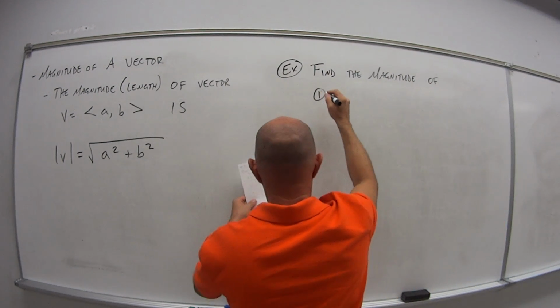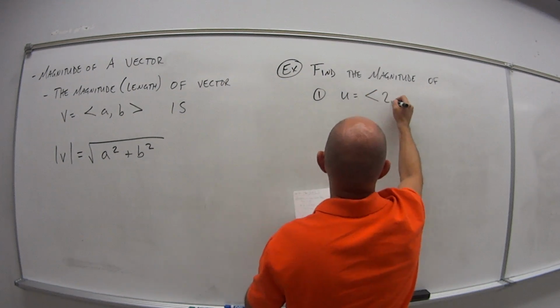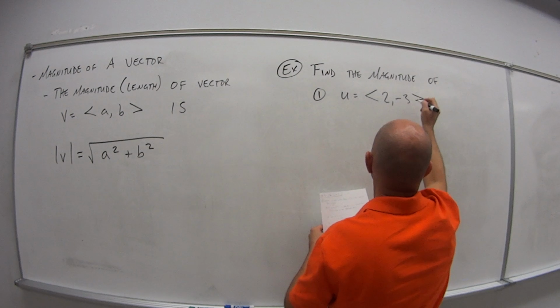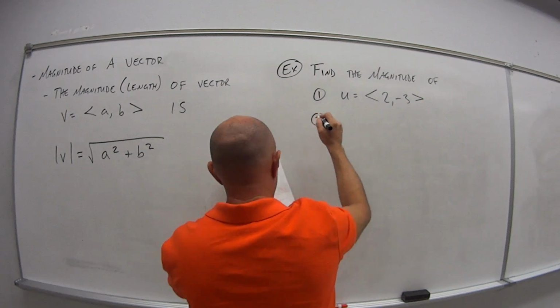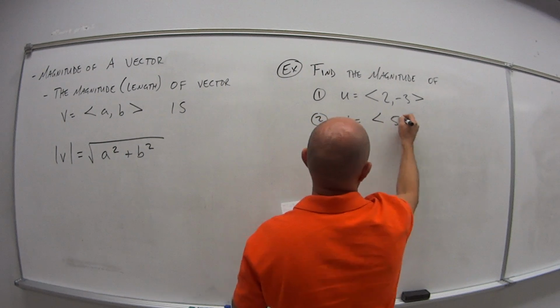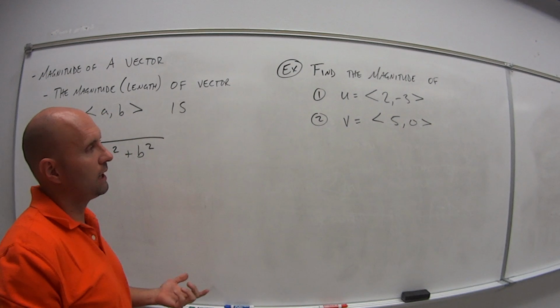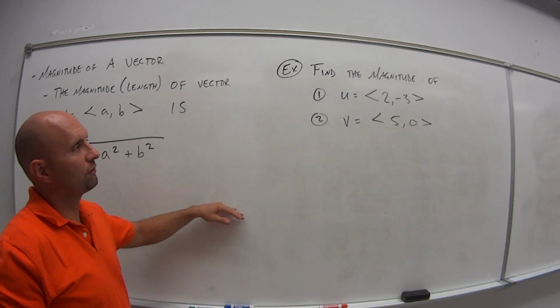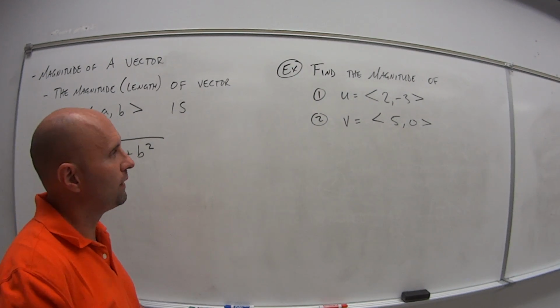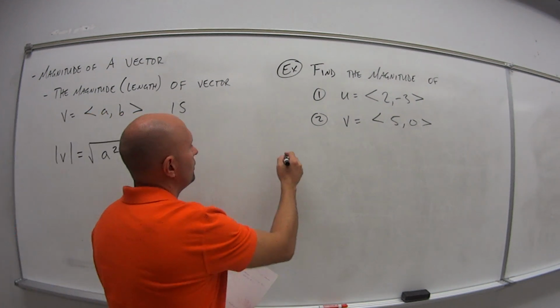The first one, u is equal to 2, negative 3. And the second one is 5, 0. So if you think you want to take a shot, go ahead and pause. If you want to see me work the first one, then try the second one, you can do that as well.